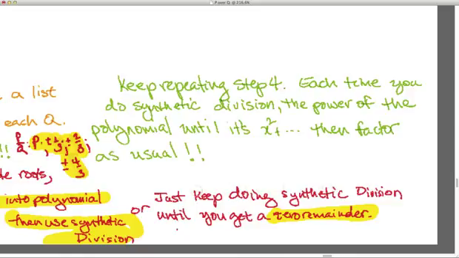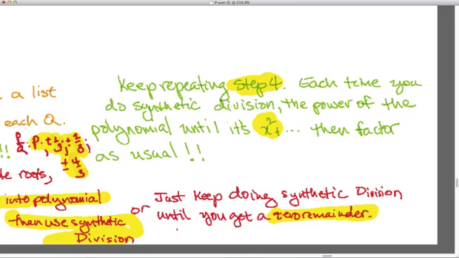Either way, you're doing synthetic division at the end, and you're going to keep repeating that synthetic division step until you get a power of x squared. Once you get a power of x squared, then you should be able to factor by grouping or guess factoring, however you do it, whatever makes you happy. And then you should be able to either find all the zeros or list out fully factored roots.